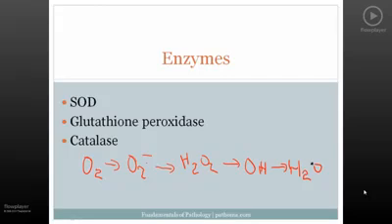And then I use this paradigm to remind me of the enzymes, because each of these three free radicals is handled by one particular enzyme, or predominantly by one enzyme. So the first one is easy. This one is superoxide, and guess who handles this? Superoxide dismutase. So superoxide dismutase takes out superoxide.